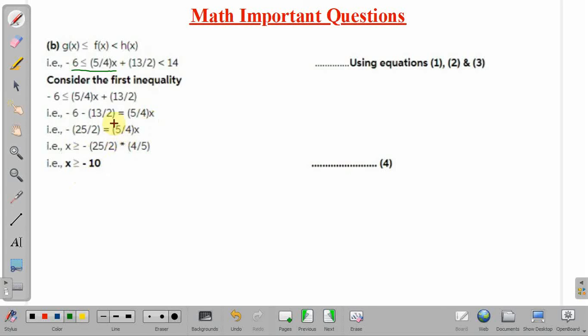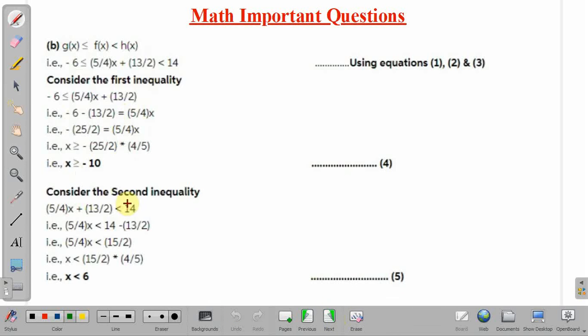Here what was missed is that it is not equality, it will be less than or equal to. So x is greater than or equal to minus 10.